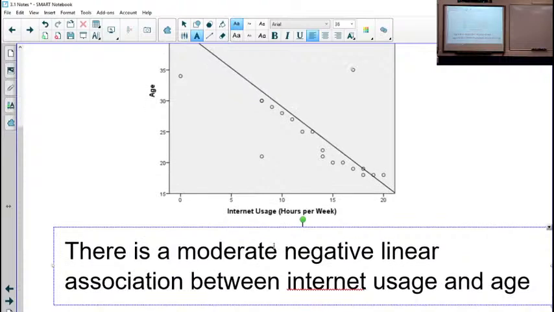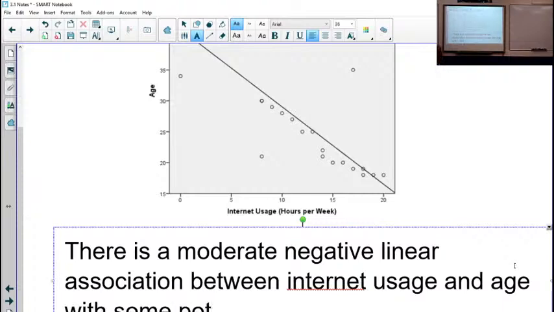Yes? So if the association is super strong, and it's just a couple outliers, would you still say it's strong, or would the outliers affect that? Oh, maybe you would say, with some potential outlier values.